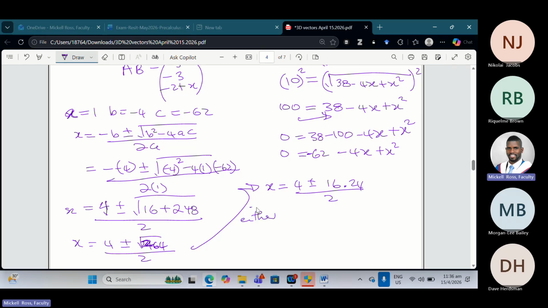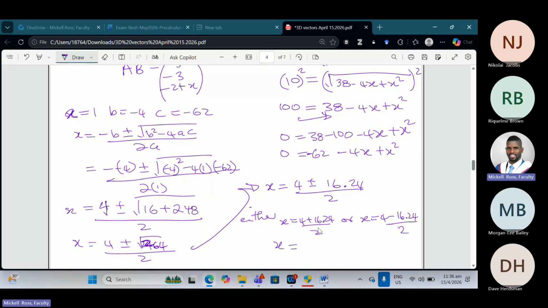So it's either x is equal to 4 plus 16.24 divided by 2, or x is equal to 4 minus 16.24 divided by 2.